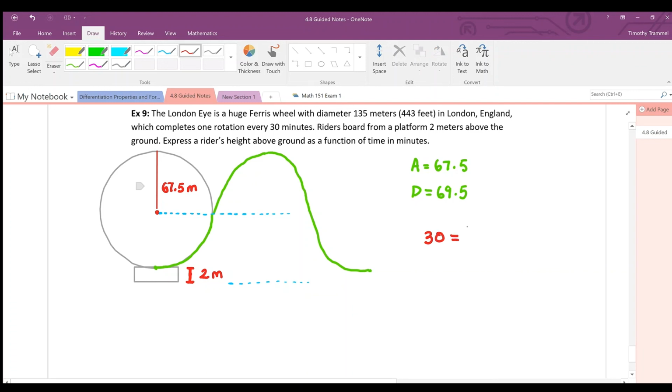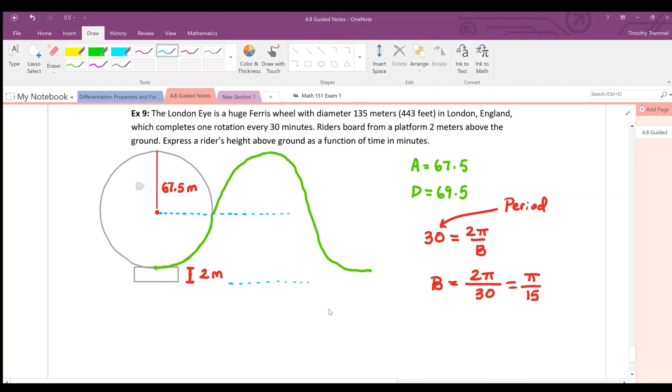And remember, the formula for the period should be 2 pi over b. I'm just going to write a little note here. This is the period. And we could multiply by b and divide by 30, so we get b is equal to 2 pi over 30, or how about pi over 15?